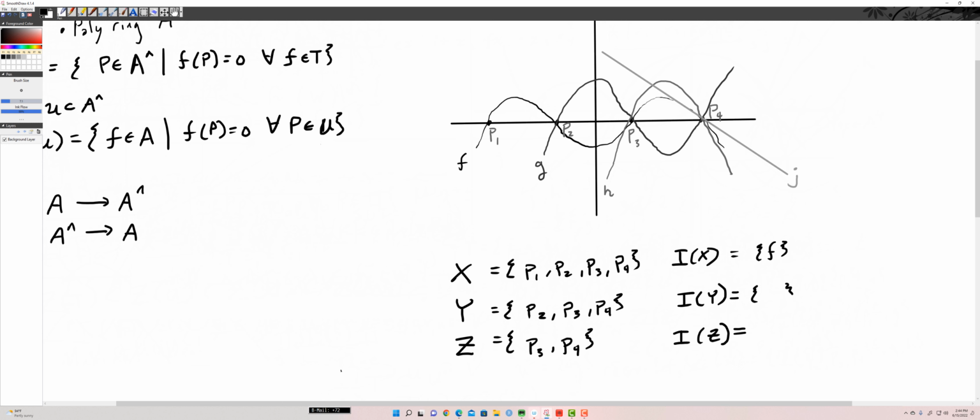For Y, we're looking for functions that are 0 on P2, P3, and P4. That's g and f. And for Z, we're looking for functions that are 0 on P3 and P4. That's f, g, and h.